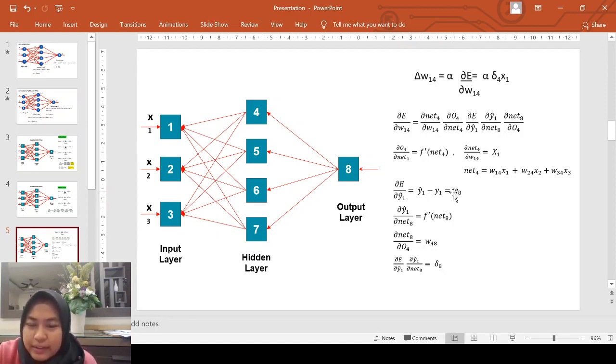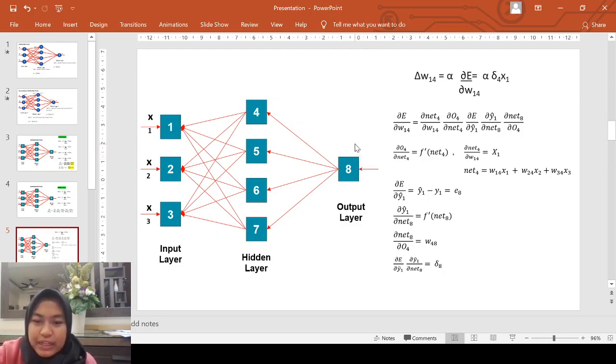So we get the error, we simplify that into error 8, and then delta y1 over delta net 8, we get the inverse function for net 8.